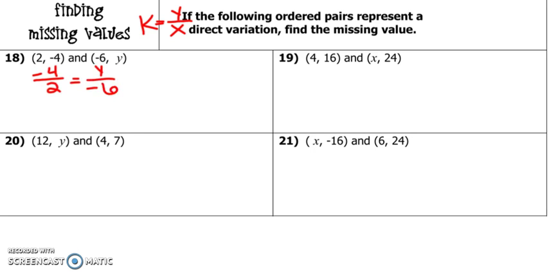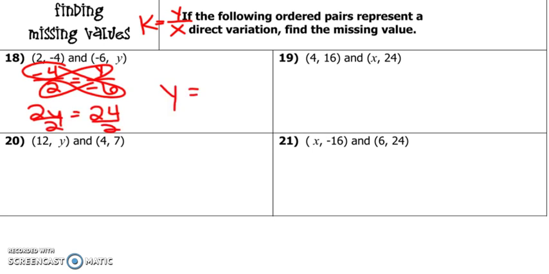Because when we did it earlier, to figure out if it was, we had to divide both of them. They have to equal the same number. So now we can set them equal to each other, and we can solve this. Use cross multiplication. We get 2y equals 24. Divide both sides by 2, and y is going to equal 12.